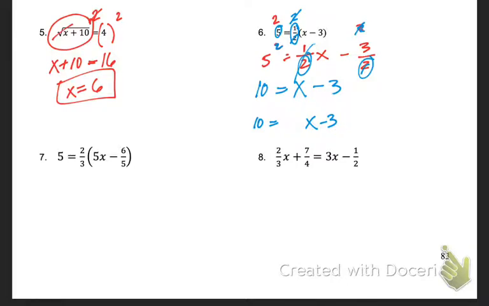If you feel more comfortable distributing first and then multiplying everything by the least common denominator, that's perfectly fine. I'm not going to judge you for it, but I am just showing you a shortcut. So either way works. Just choose whichever you prefer. So then to solve for x now, super easy. Add the 3. X equals 13.